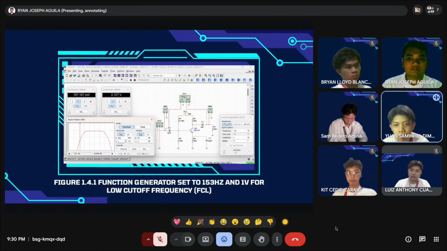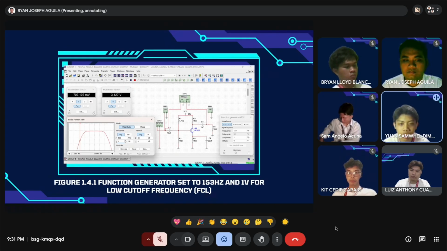So here we change the frequencies so that the output voltage reaches that target output voltage of 3.13 volts. And as you can see, at 153 hertz, the output voltage is approximately 3.13 volts, making it our low cutoff frequency.